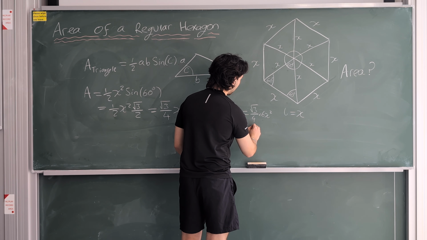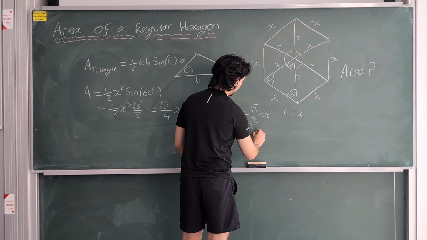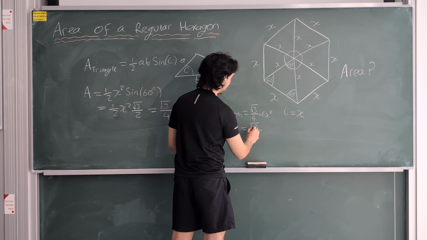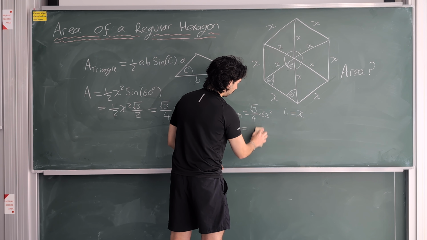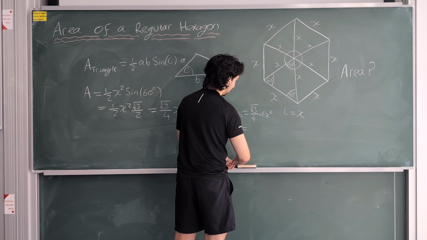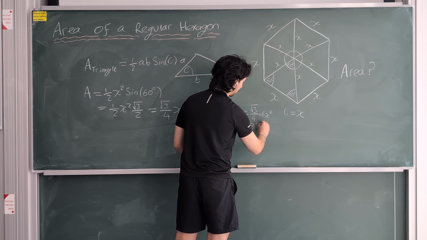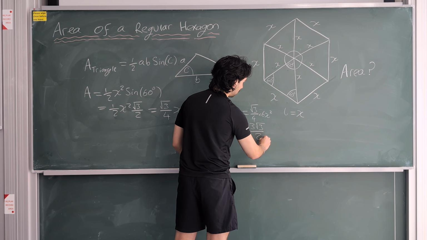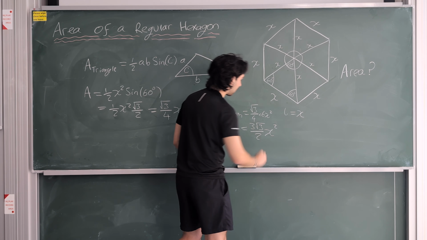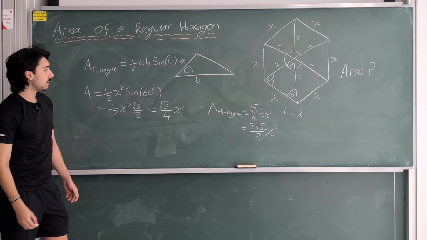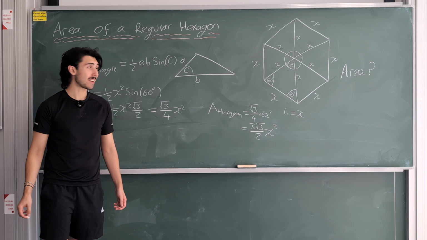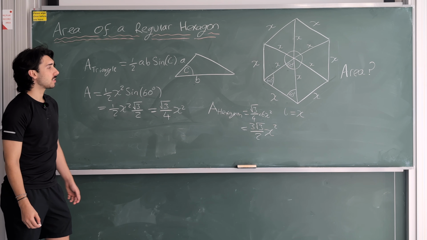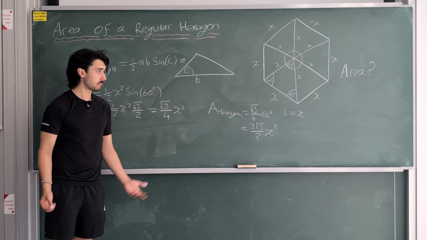So the final answer is, I've missed out a 3 there, 3 √3 over 2 times x squared. There we go. And that is the value of the area of any regular hexagon if it has a side length of x. That's how it's done.